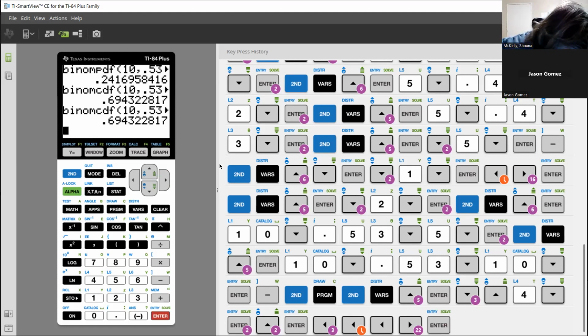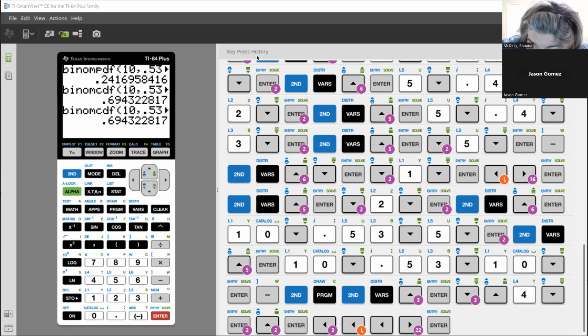I got a different answer. Oh wait, the answer key is different. Is it? Yeah, it's 0.547. Okay. Did I read the problem wrong? I don't think so, but let me check.